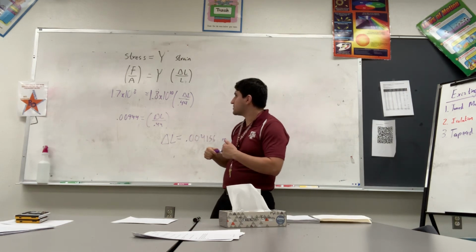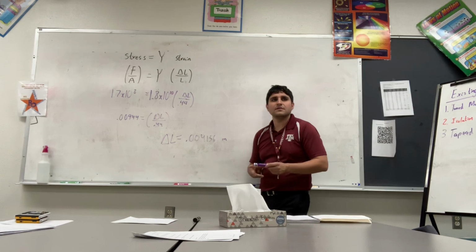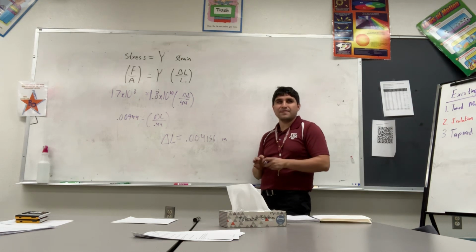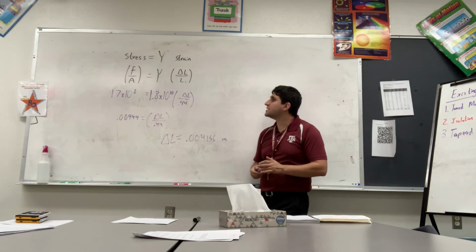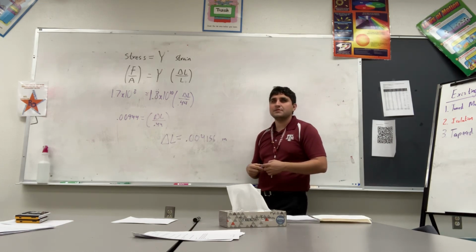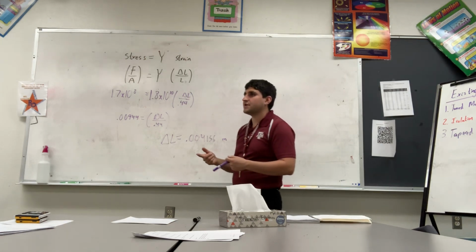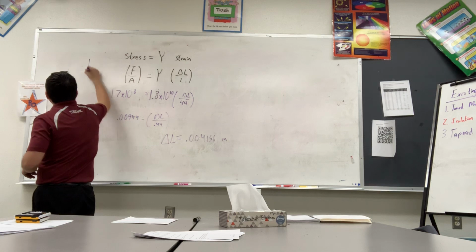What did we use as the area? It was a cylinder, wasn't it? Yeah, we can think of the rope as a cylinder. So what did we use as the area? It was pi r squared, because here's the rope in our lab.